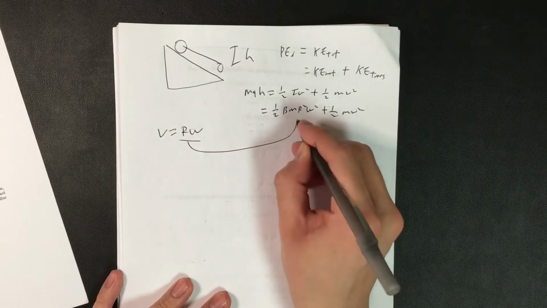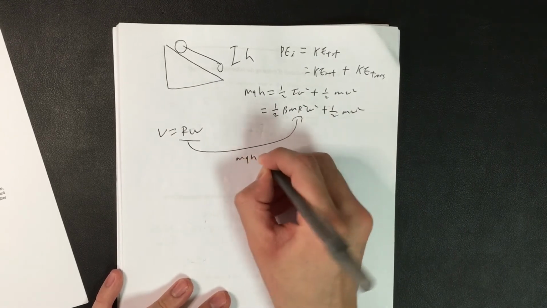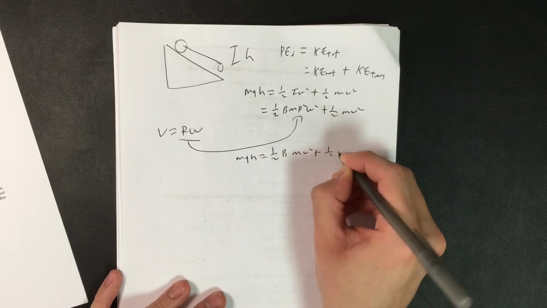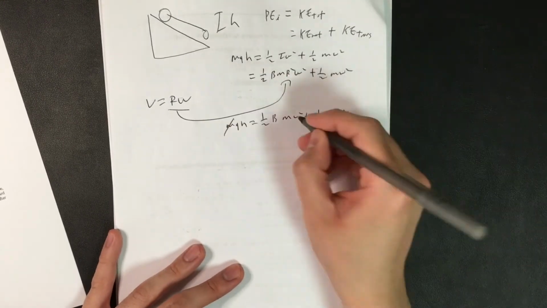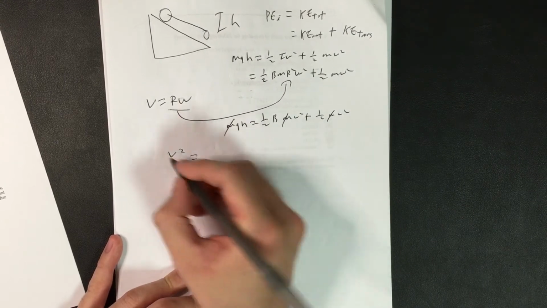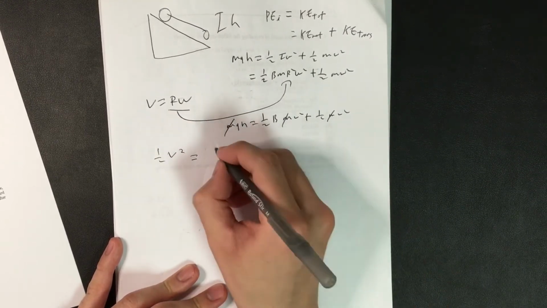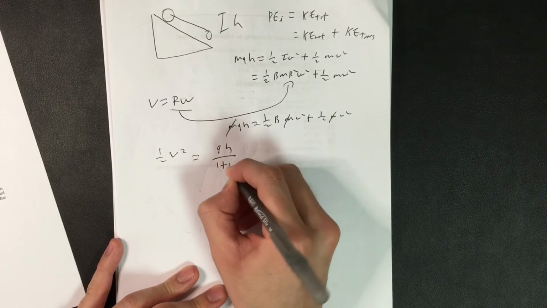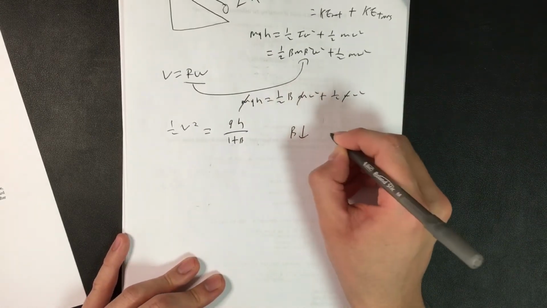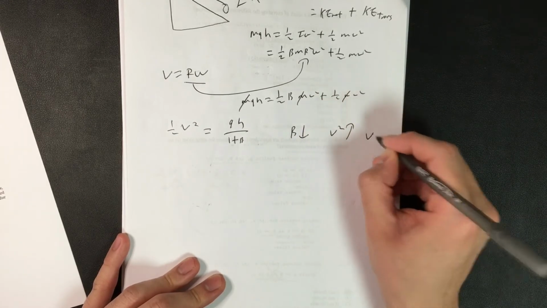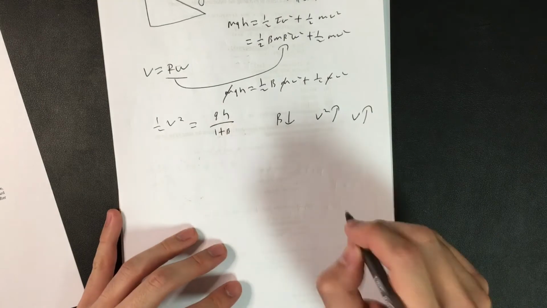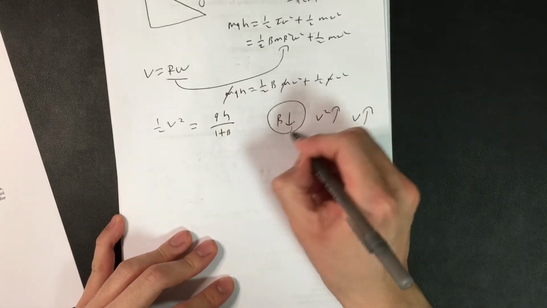Plugging this in, mgh equals 1/2 beta m v squared plus 1/2 m v squared. Canceling off the m, I get 1/2 v squared equals gh over 1 plus beta, in which if beta is small, then v squared is going to get larger, which means v is going to be larger. So therefore, I just need to pick the object that has the smallest value of beta.